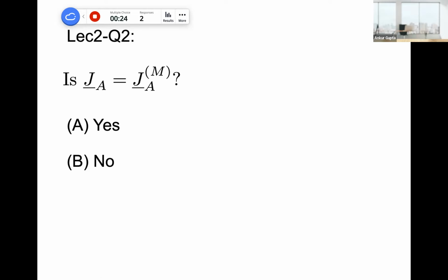All right, so let's take 45 seconds to think about this. Are they equal? Is it the same? Yes, no. Take a look and think about it. I'll give another maybe 30 seconds.